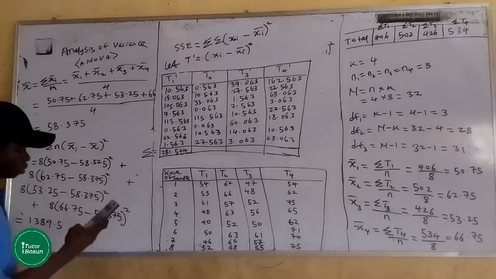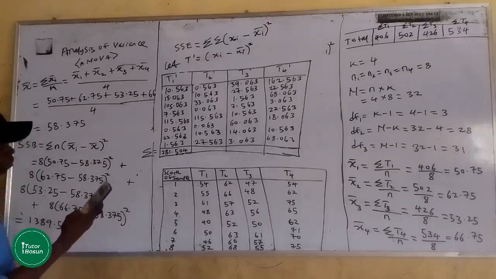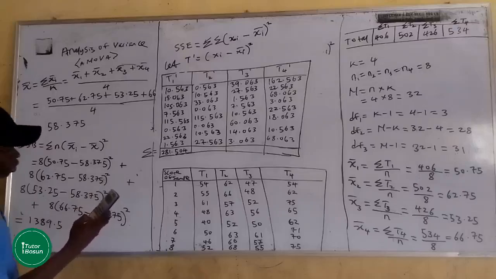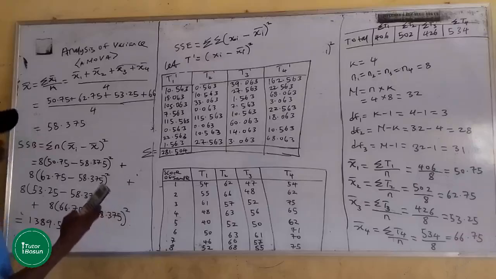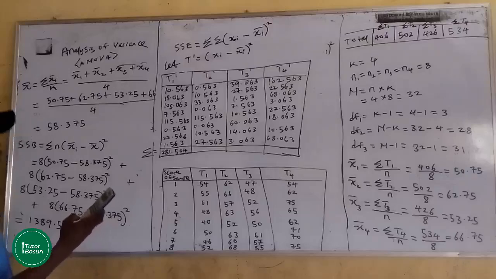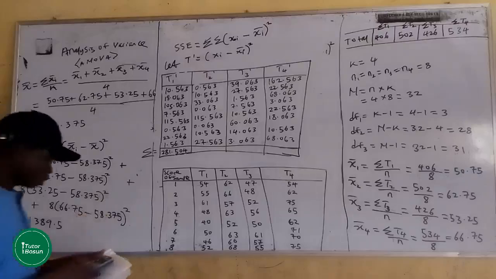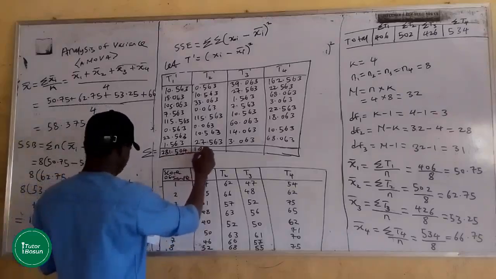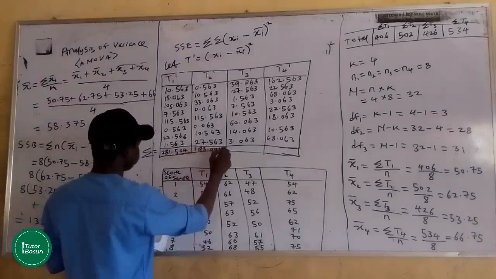So the second one, we have 0.563 plus 10.563 plus 10.563 plus 33.063 plus 0.063 plus 115.563 plus 0.063 plus 10.563 plus 27.563. So that will give us 198.004.